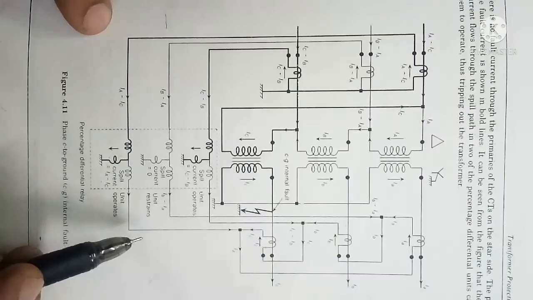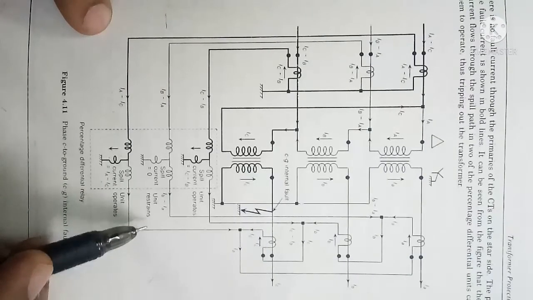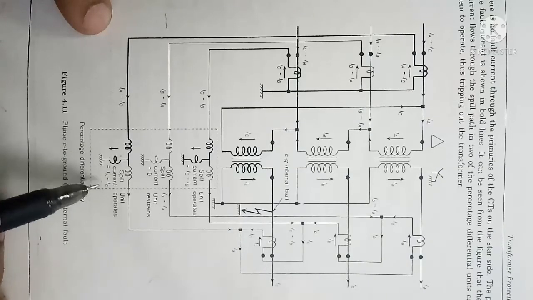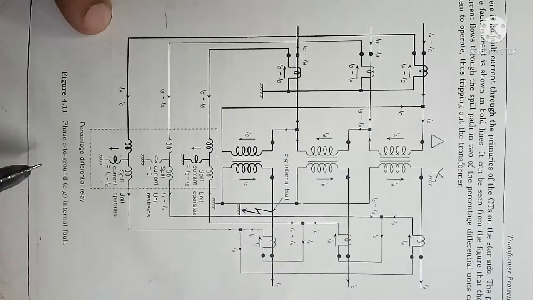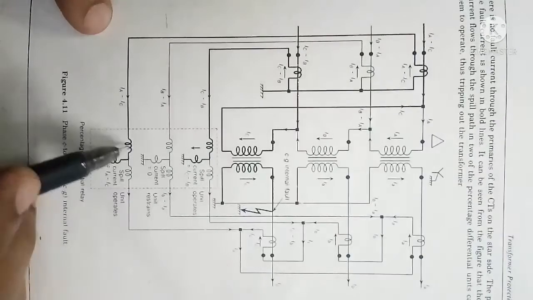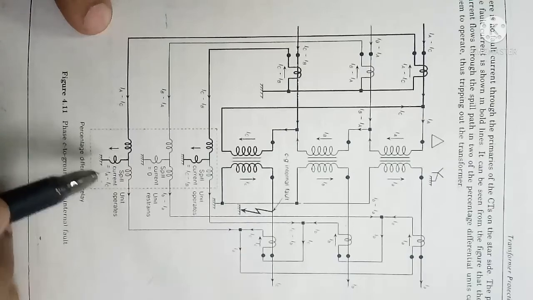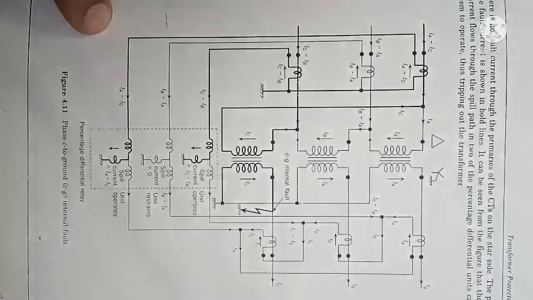But from the secondary side, only current IA is flowing but not IC. Therefore, the part 3 relay will also issue a trip signal to the circuit breaker.